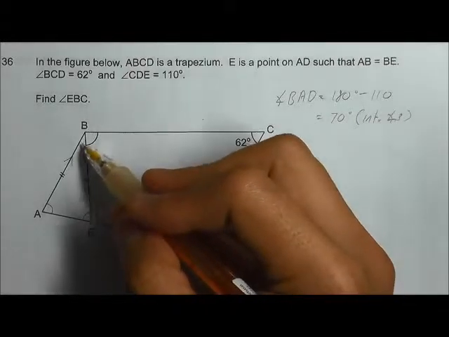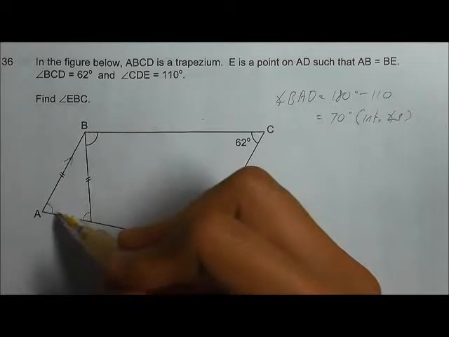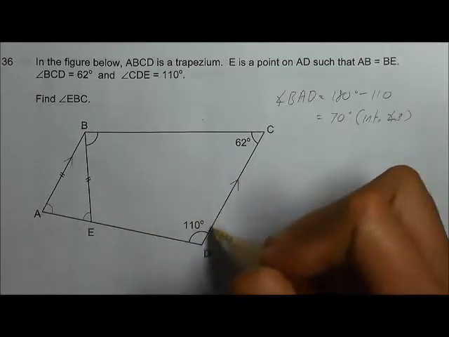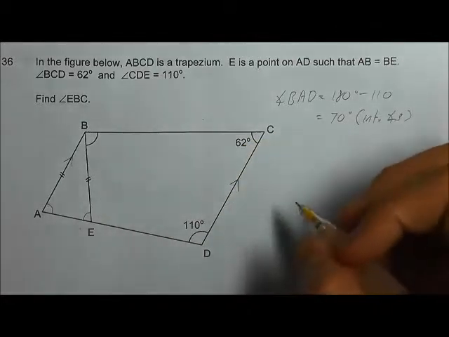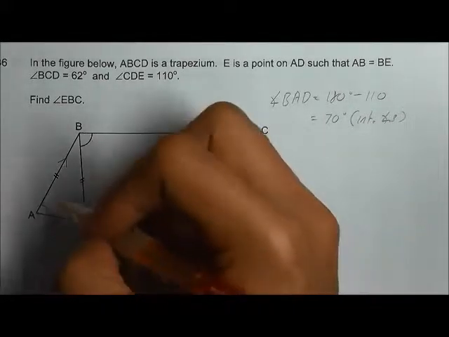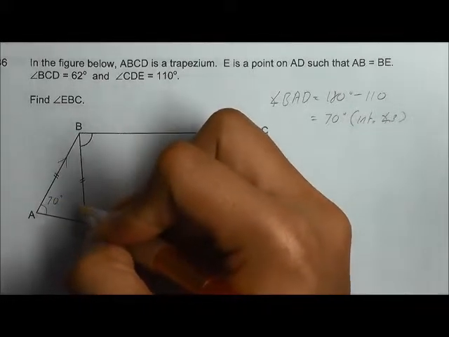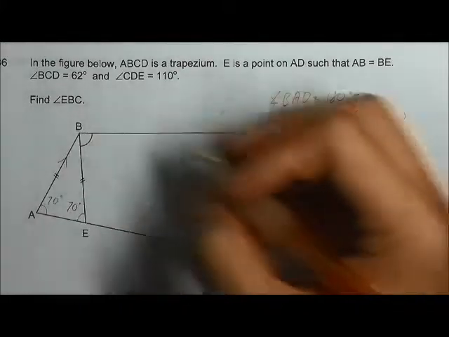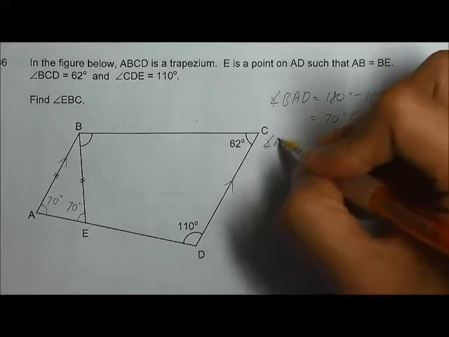Because these two angles are in between these two parallel lines, that's why they are interior angles. Okay, next, if angle BAD is 70, then angle AEB is also 70 degrees.